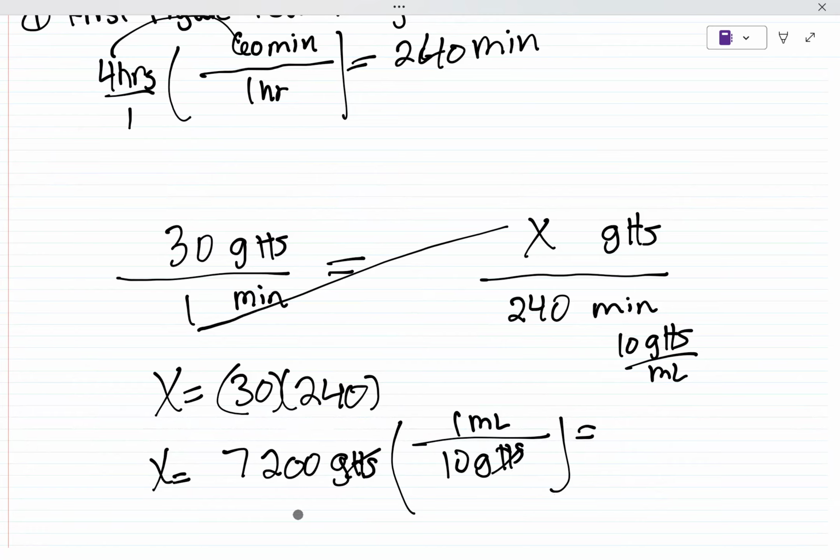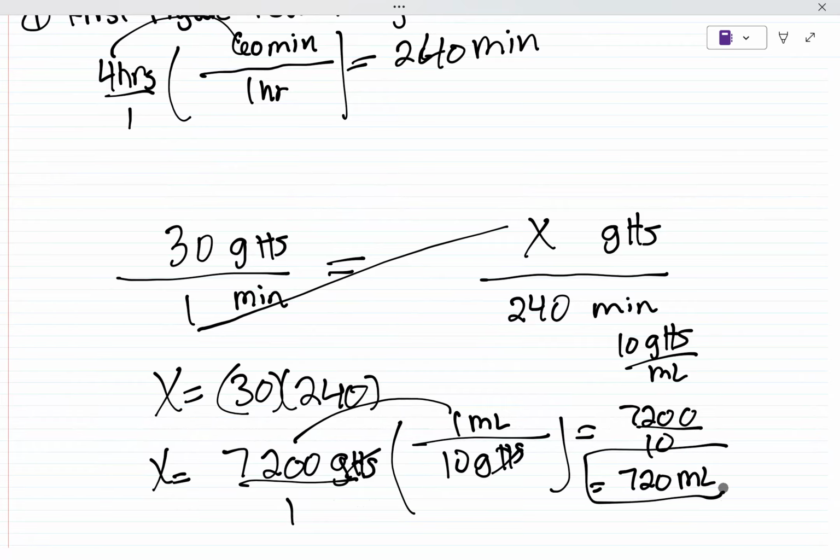So now you multiply across: 7,200 times 1 is 7,200, and on the bottom, 1 times 10 is 10. So it is 720 milliliters. Okay, that is my final answer. I am going to stop here.